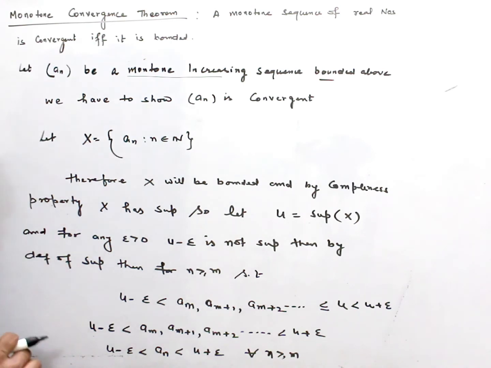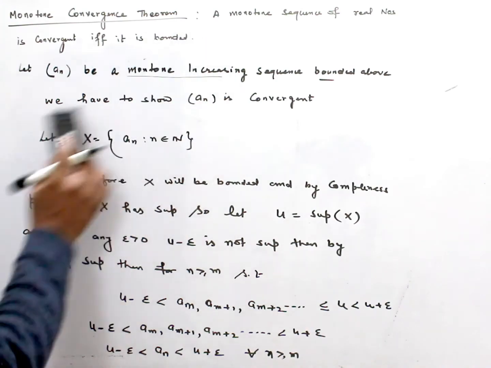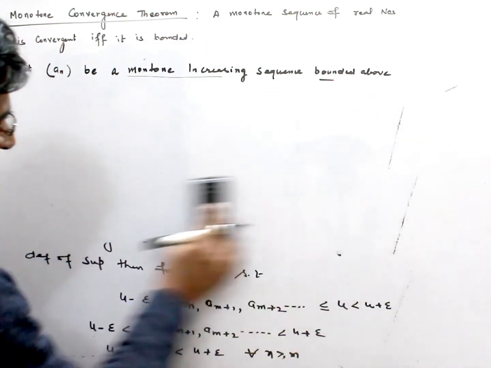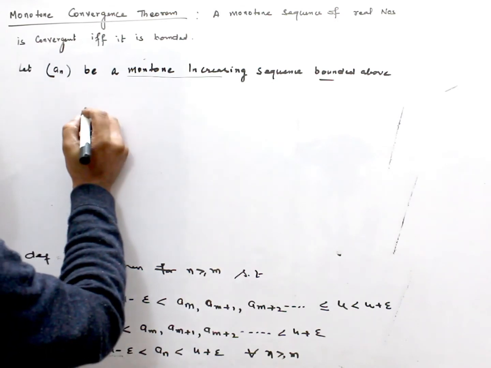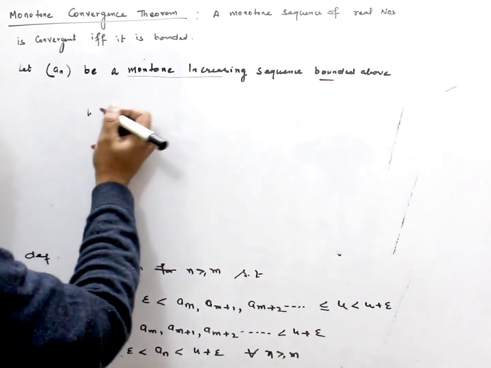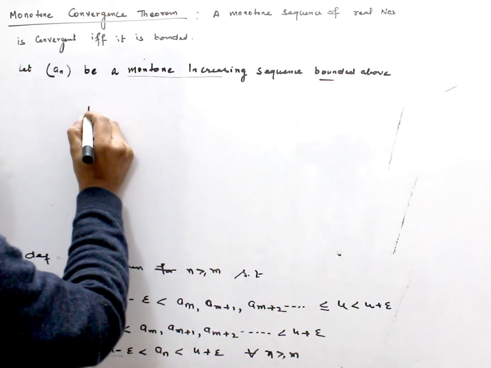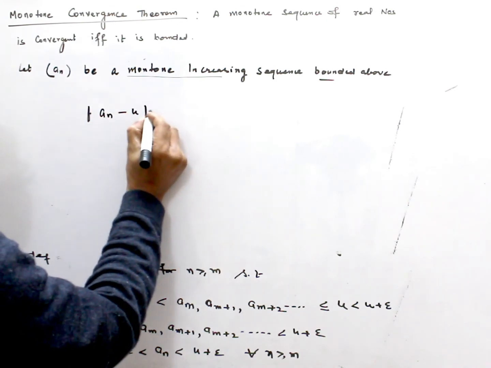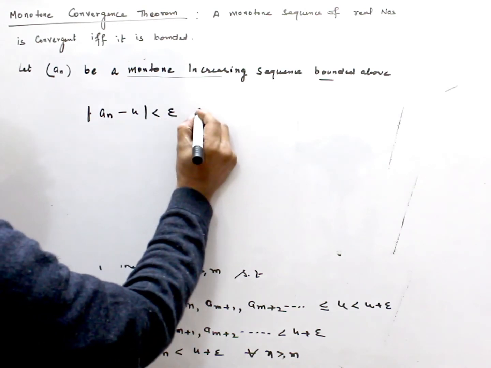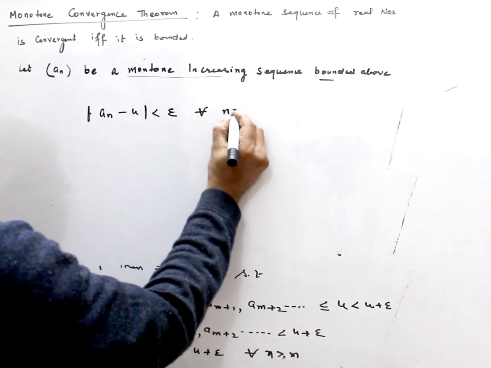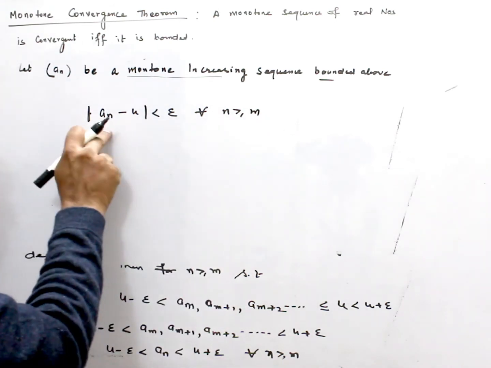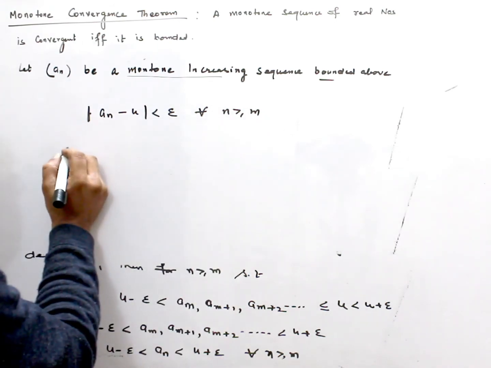How? This can be written as absolute value of a_n minus U less than epsilon for all n greater than m. And this is by the definition of convergence.